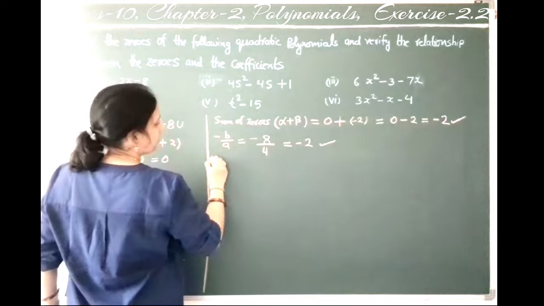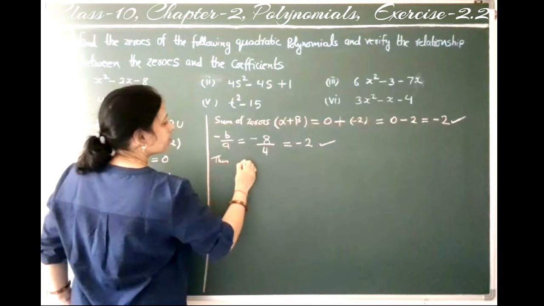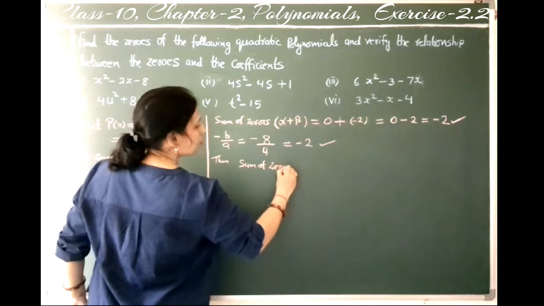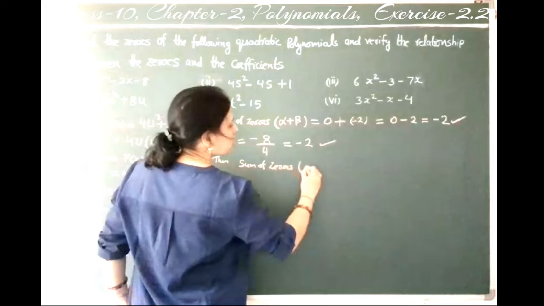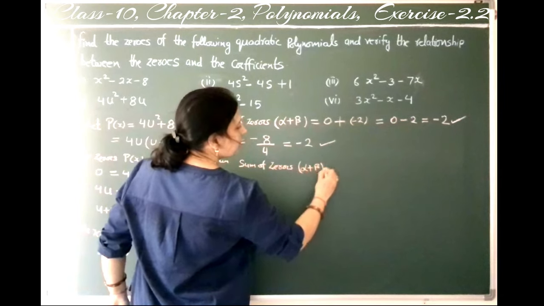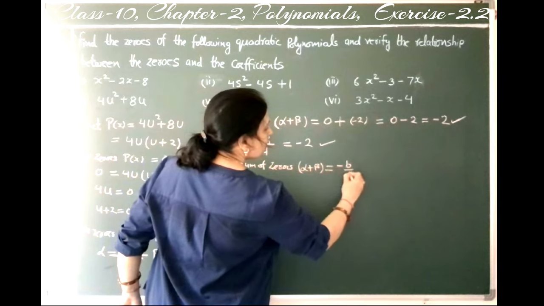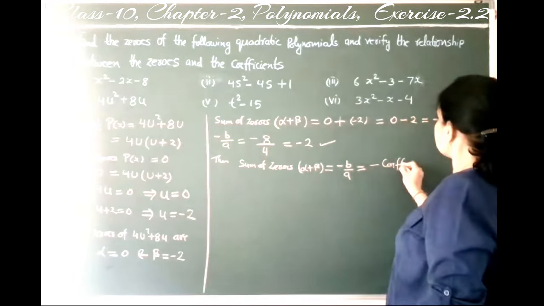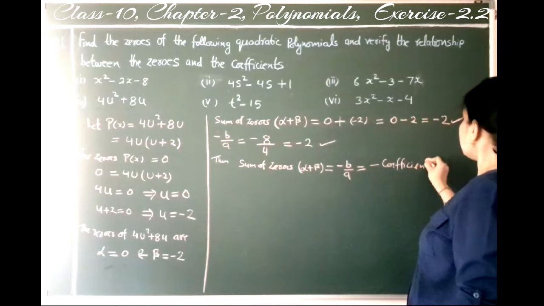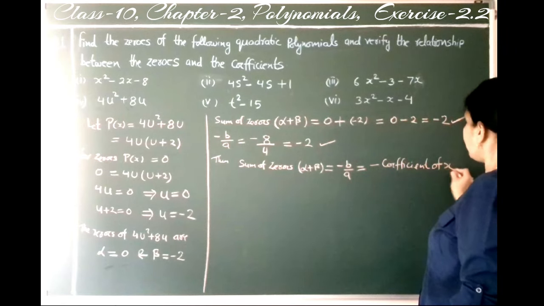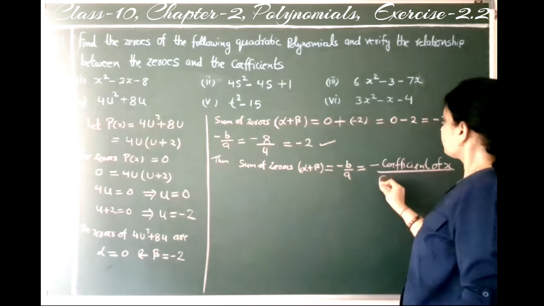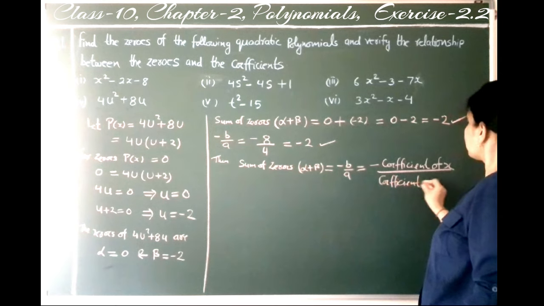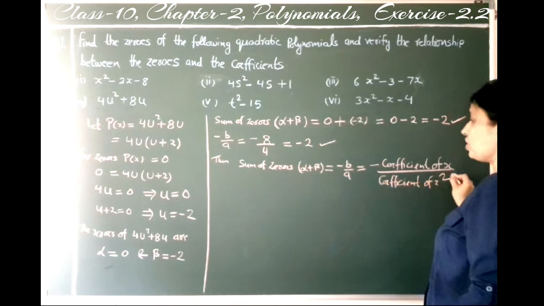So we can say that the sum of zeros, alpha plus beta, is equal to minus b by a, which is minus coefficient of x divided by coefficient of x square.